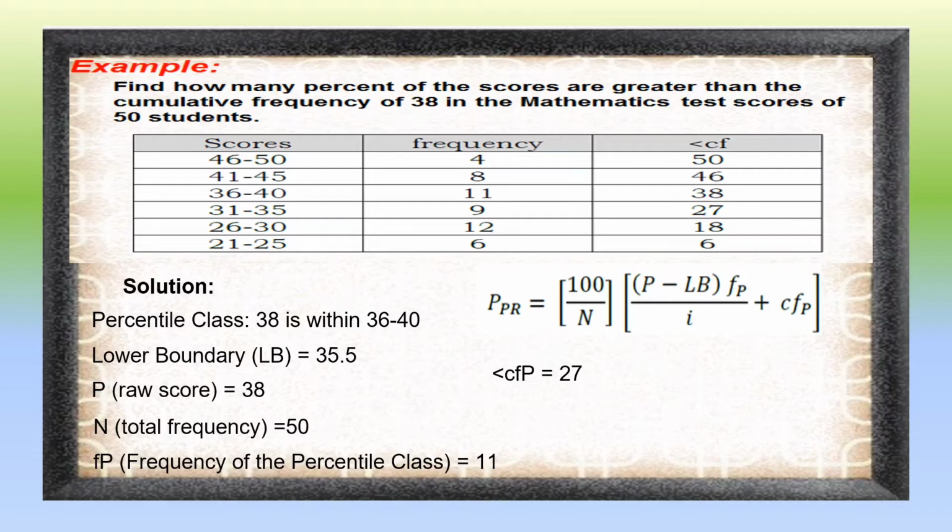The less than cumulative frequency of the said percentile class is equal to 27. Our class interval, or the class width, is equal to 5. So observe that all the quantities in our formula have already been identified. Therefore, in our next slide, it will show us substituting the values and presenting our final answer.